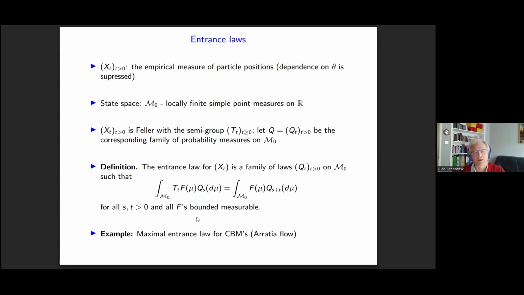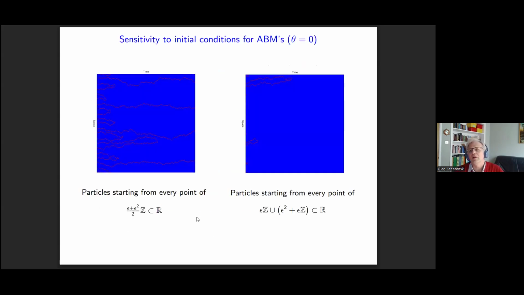Okay, so now if we switch from coalescence to annihilation, then things become quite a bit more interesting. Let me try to motivate what I'm going to do. Now my particles annihilate. So here you can also see trajectories of particles, but whenever they meet, the colliding pair is removed from our space.